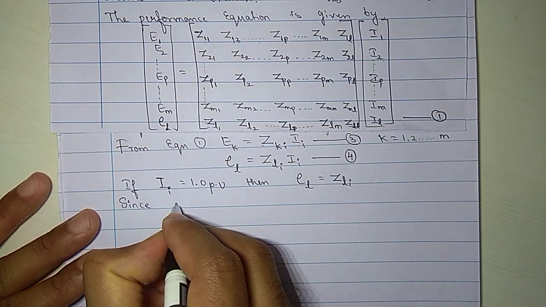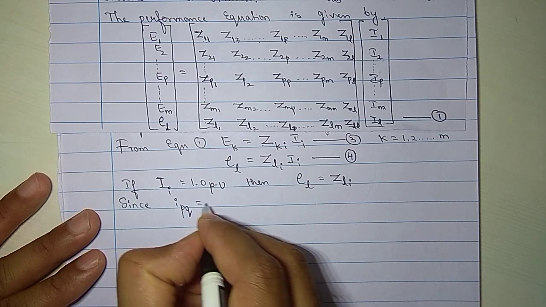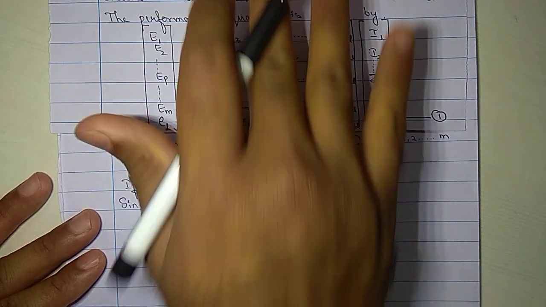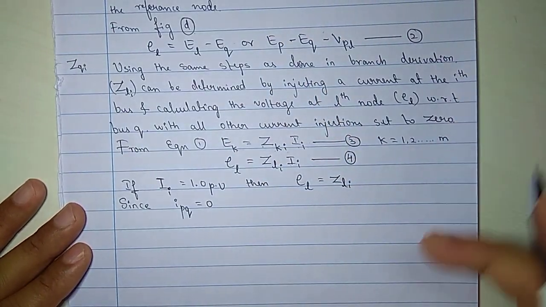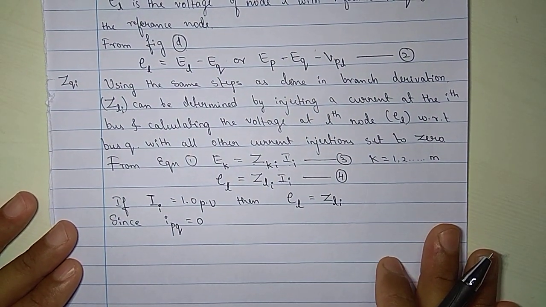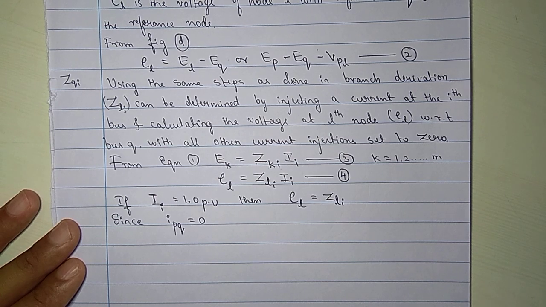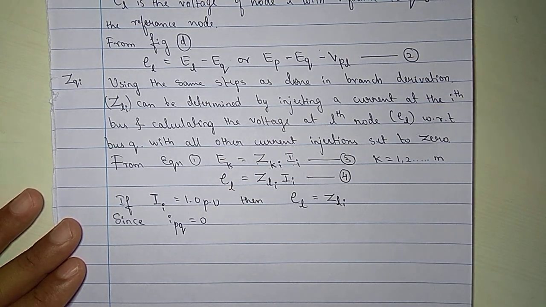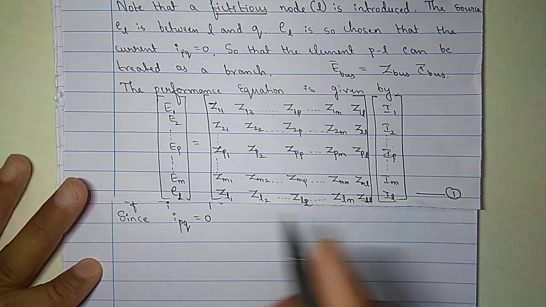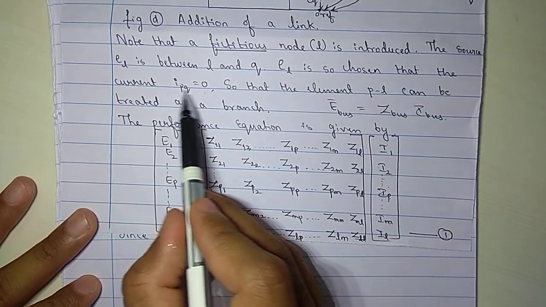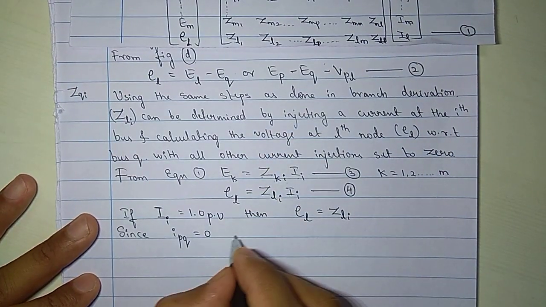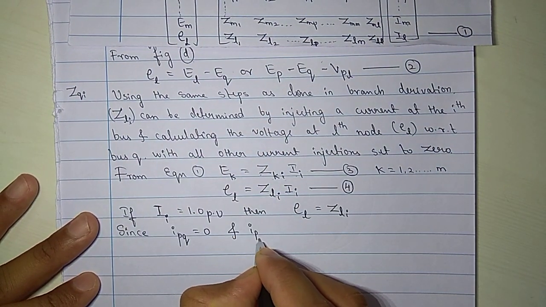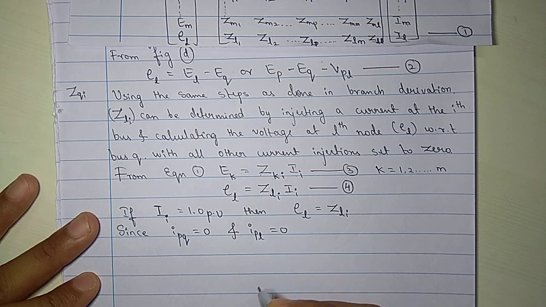Since IPQ is equal to 0, somewhere they have assumed it as IPQ equal to 0. Where I have written, yes, it is over here. IPQ is equal to 0 and IPL is also equal to 0.